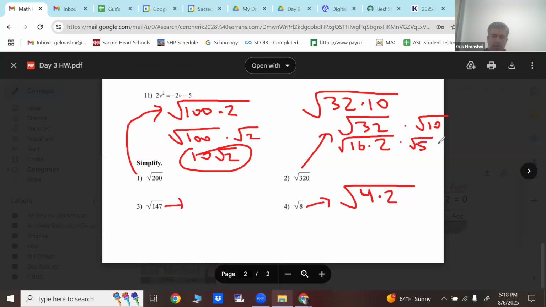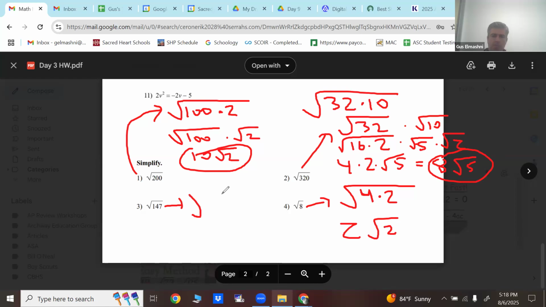That's root 5 and root 2. So it's 4 times 2 times root 5, which is 8 root 5. Or that one right there would be 2 root 2. This one's 49.